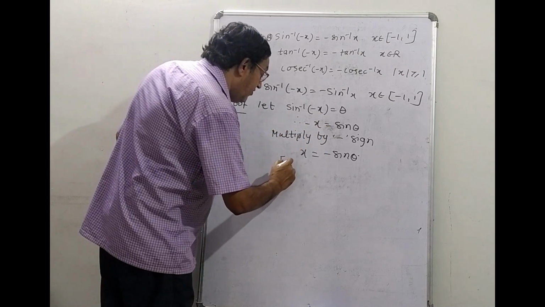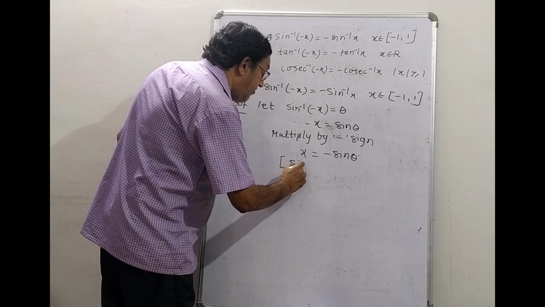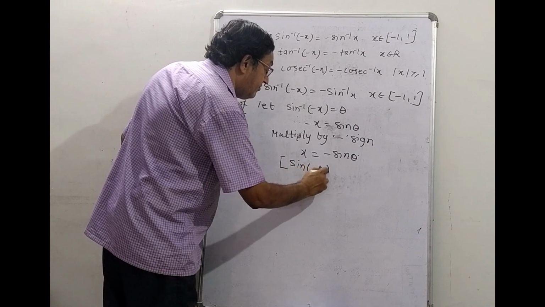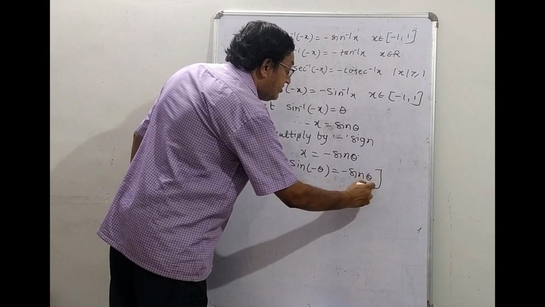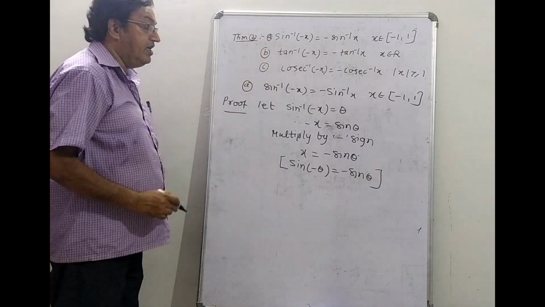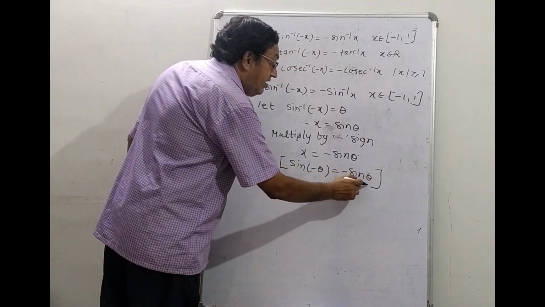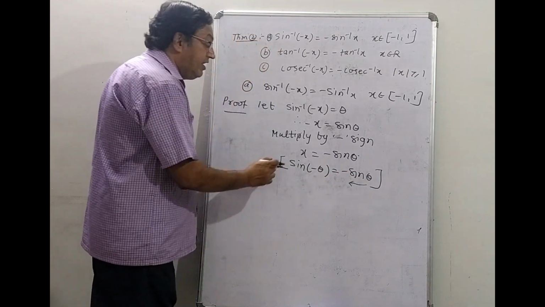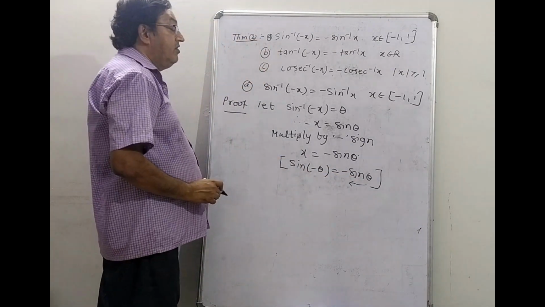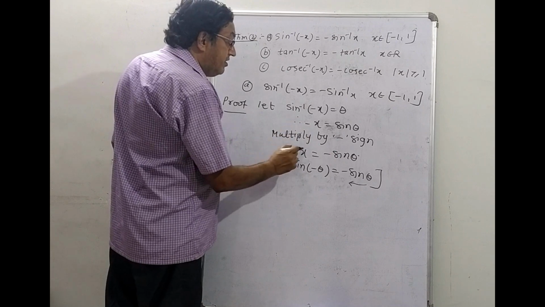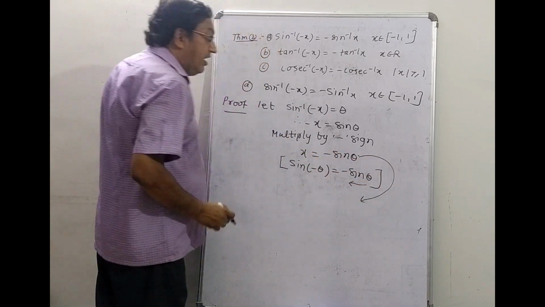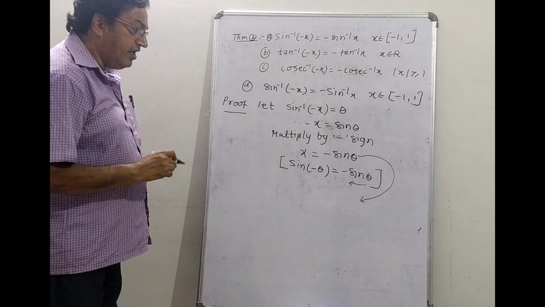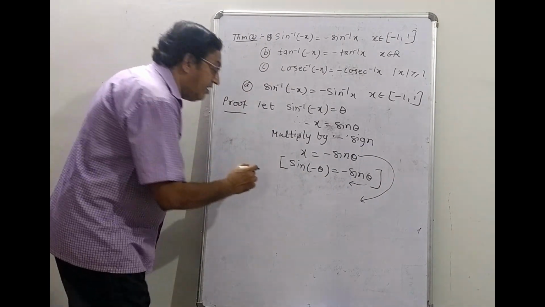Now we know that sine of minus theta is minus sine theta. The reverse of this is that minus sine theta can be taken as sine of minus theta. So here this minus sine theta we can rewrite as sine of minus theta.